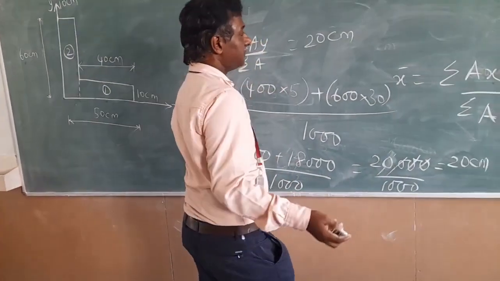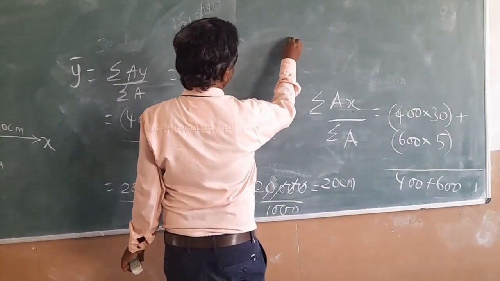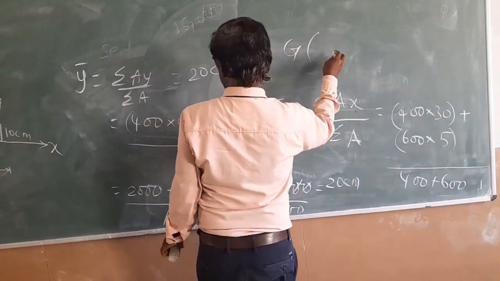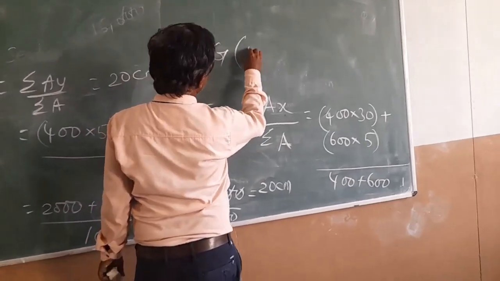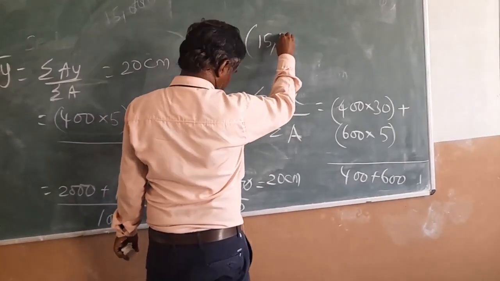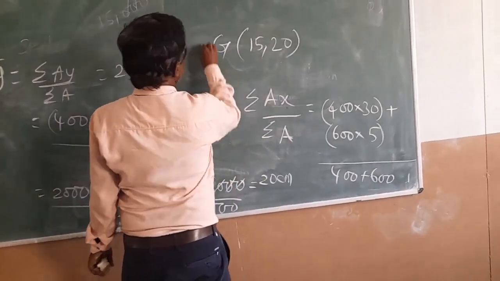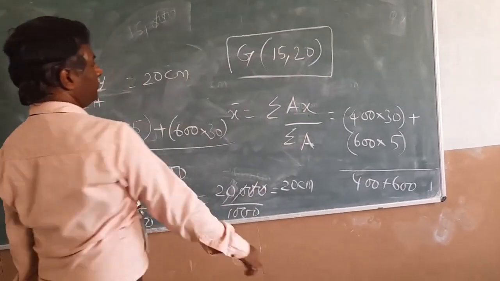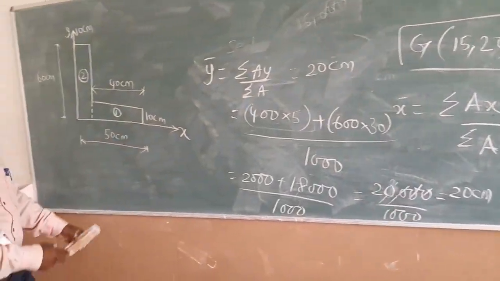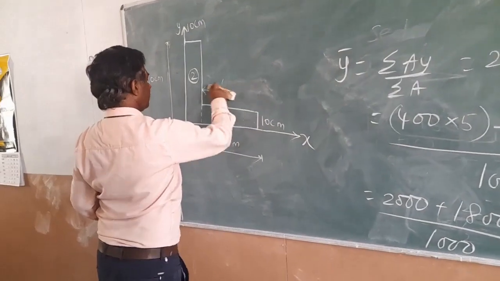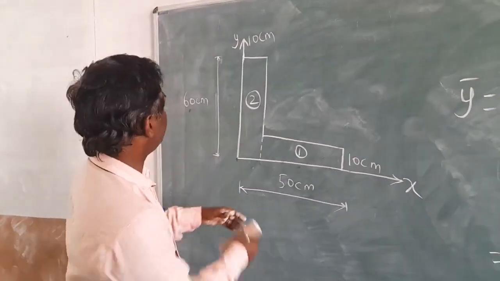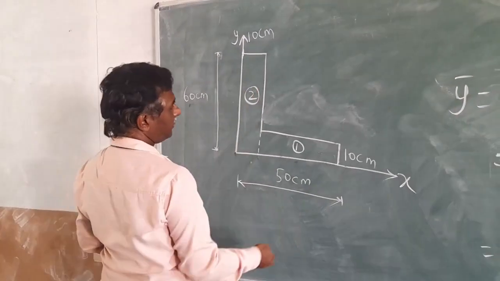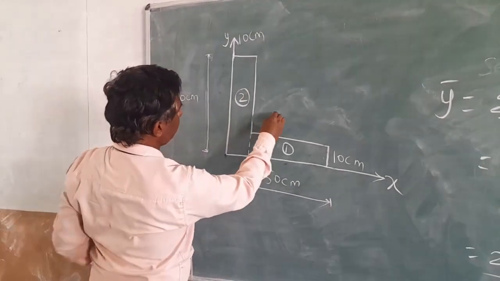The answer for this question: centroid is equal to x bar and y bar. X bar equal to 15 centimeter, y bar equal to 20 centimeter. This is the answer. Here you can measure like this. X bar equal to 15: this is 10 plus 5.